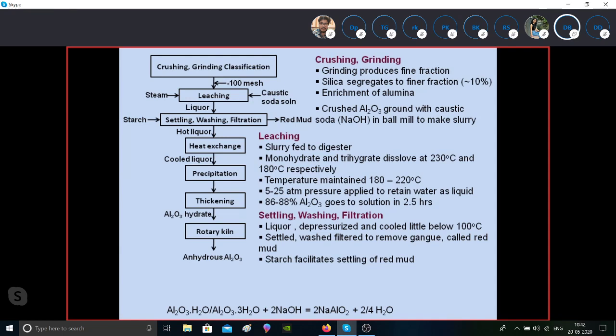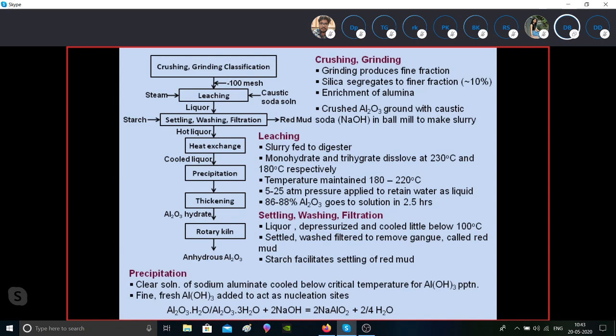The clear liquid is basically sodium aluminate, but the process is not complete because whatever is left goes to a series of washing and filtration. Whatever red mud is retained or cannot be settled in the settling tank must be removed.